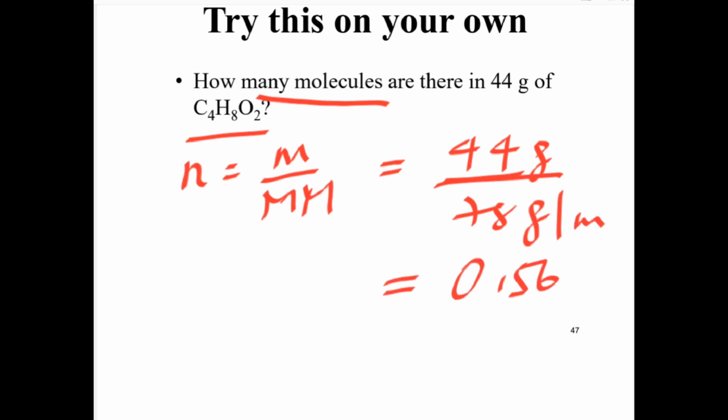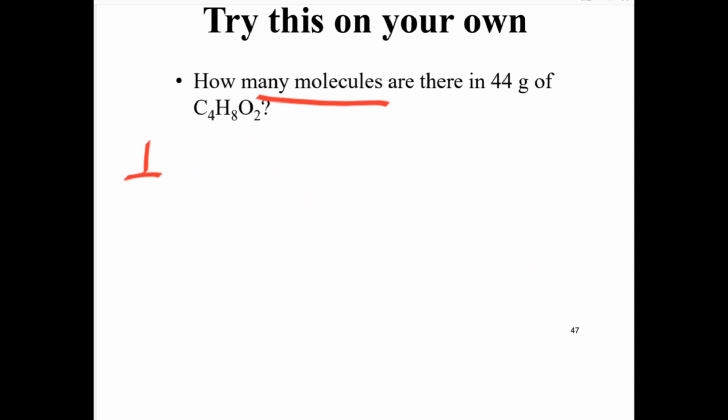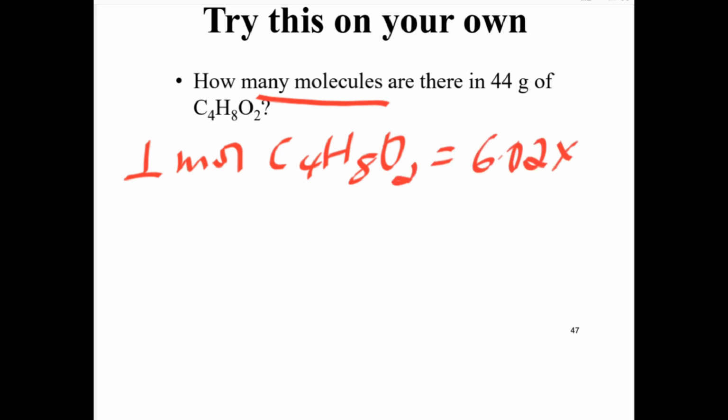0.56 moles. 1 mole of butyric acid contains 6.02 times 10 to the power of 23 molecules of butyric acid.